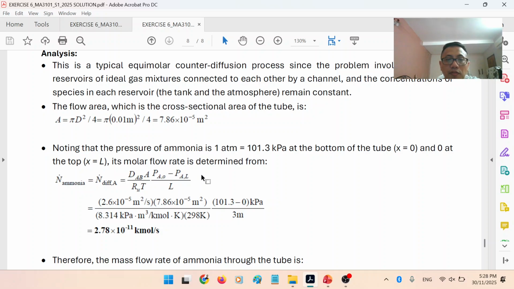The molar flow rate is determined from the mass diffusion rate. Okay, so the molar flow rate is determined from here after we rearrange the equation.